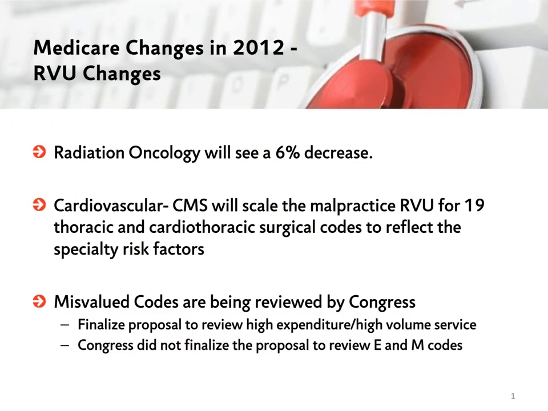Congress will finalize a proposal to review the high expenditure, overutilized codes to see if they need to make changes to the RVUs. Congress did not finalize a proposal to review the E&M codes to see if they will fall under any changes due to RVUs. So again, the specialties that were affected the most are radiation oncologists and cardiovascular physicians. There are 19 procedures that the government is looking at, and they may affect your RVUs.